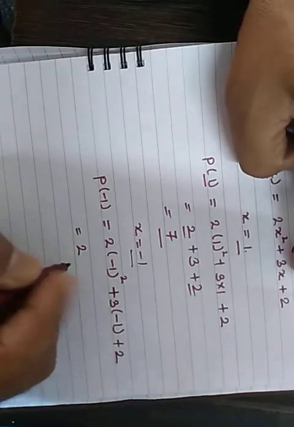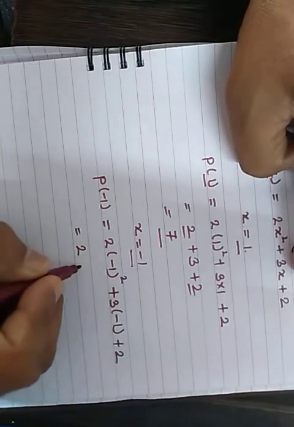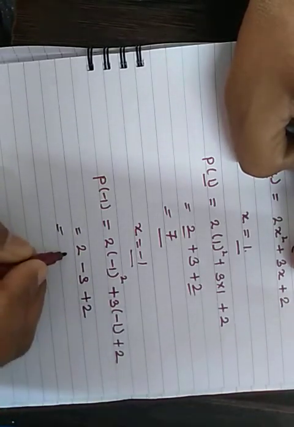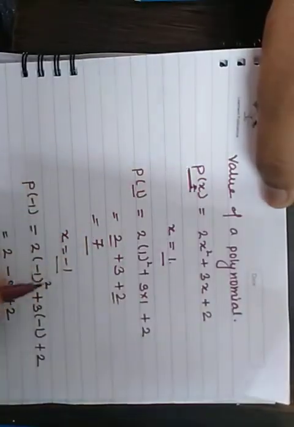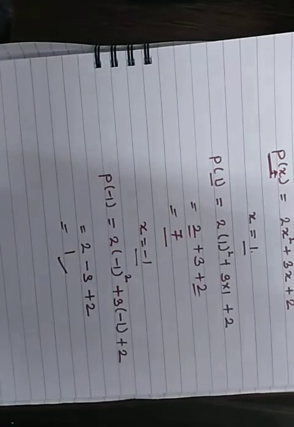Minus 1 square is 1, 1 into 2 is 2. Minus 1 into 3 is minus 3, plus 2, and 4 minus 3 is equal to 1. So this time the value of p(x) at x equals minus 1 is equal to 1. So this is what the value of a polynomial is.